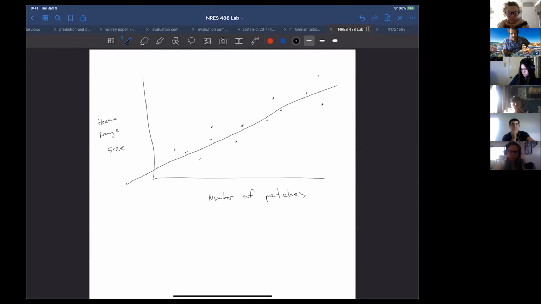What we speculated based on this relationship was that as fragmentation within a home range increases, the habitat becomes less suitable, and owls have to cover larger areas to obtain the resources they need to survive and reproduce. So simple linear regression was an okay model for the question we were asking. Thank you so much.